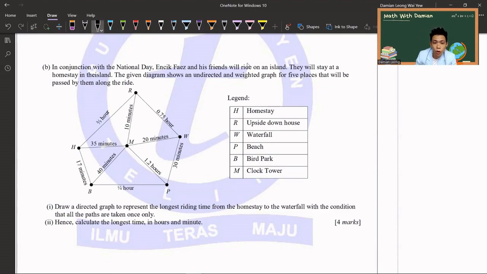I want to go from homestay, H, end up at the waterfall, W. I want the longest riding time, but I do not want to pass through anywhere twice.